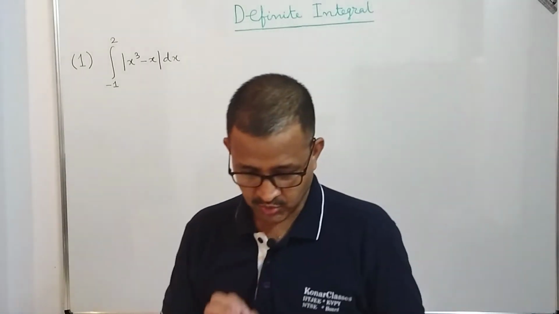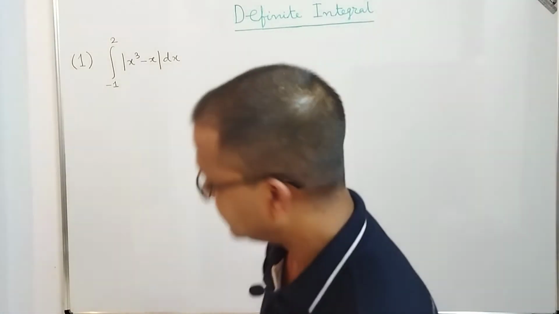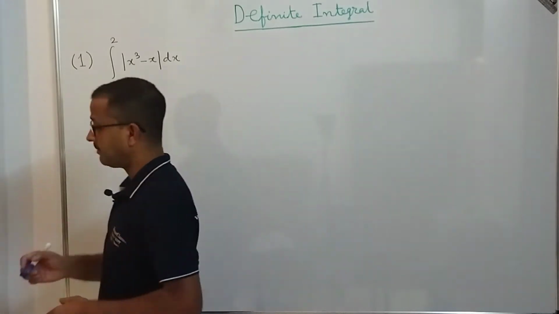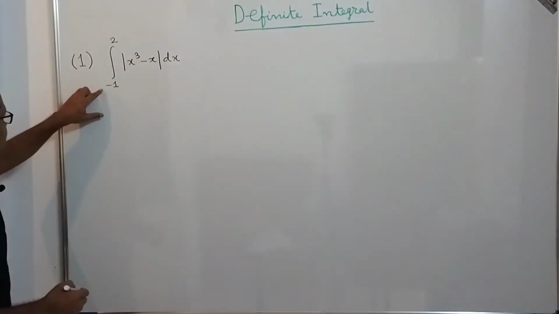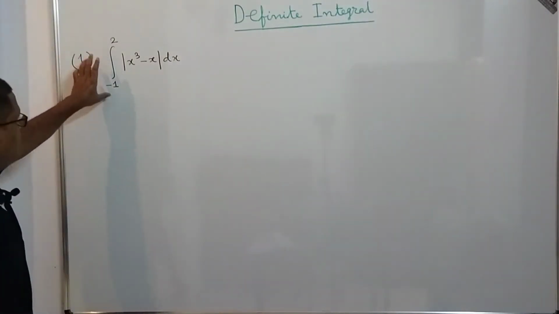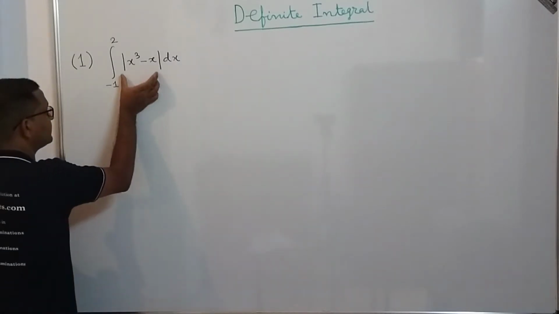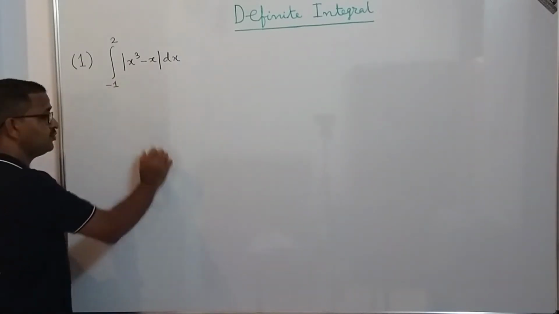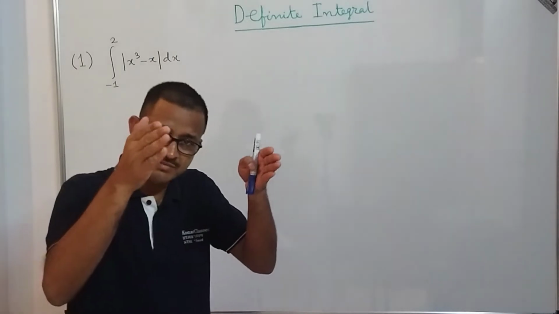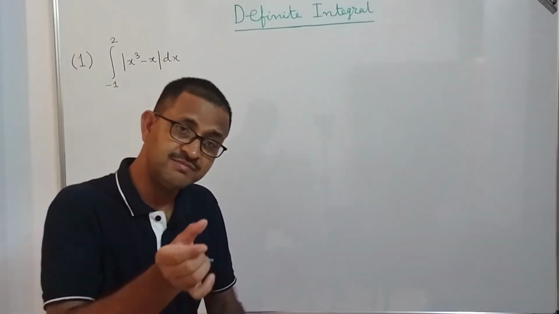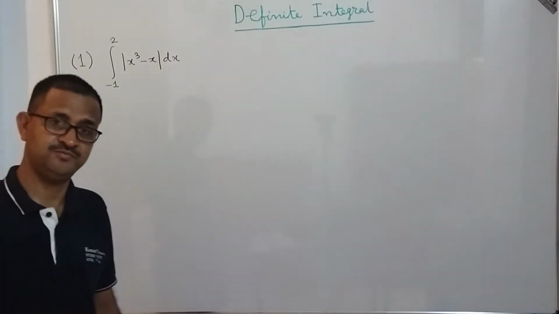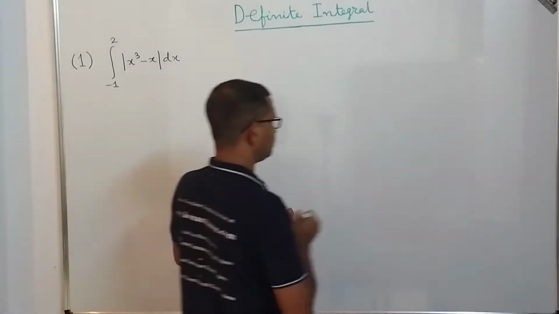Look at it here: the lower limit and upper limit are -1 and 2 respectively, and we need to consider the positive value of x cube minus x, because it is given as mod of x cube minus x. That means we need to consider the positive value. So what is the definition of mod x, dear students?